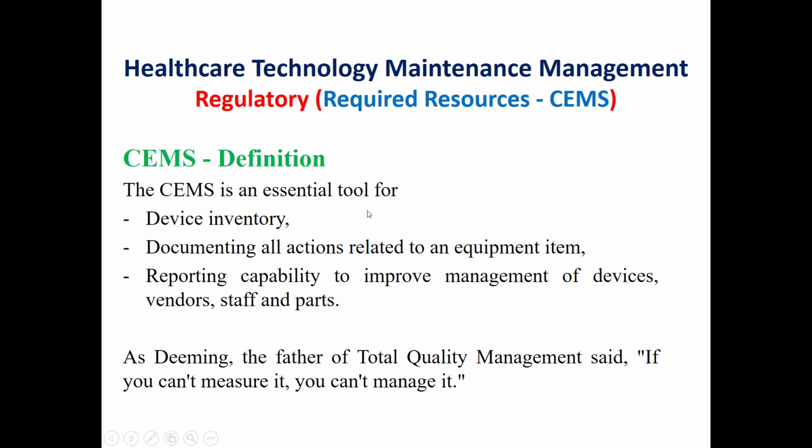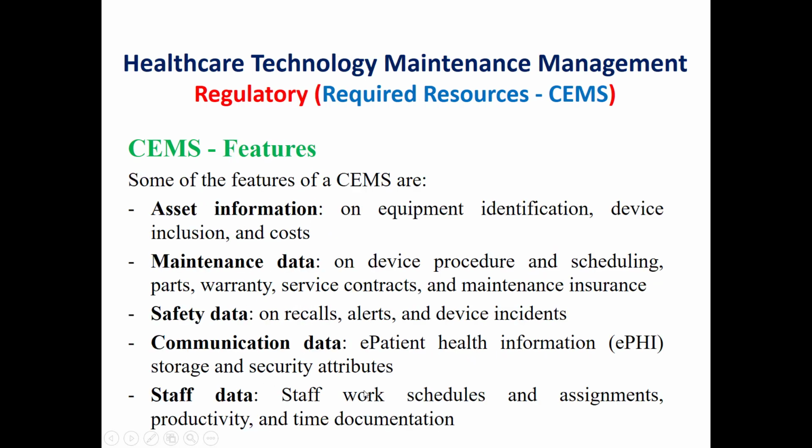It's an essential tool for device inventory, documenting all actions related to an equipment item, and finally reporting capability to improve the management of devices, vendors, staff, and parts. As the father of total quality management, Deming, said, if you cannot measure it, you cannot manage it.